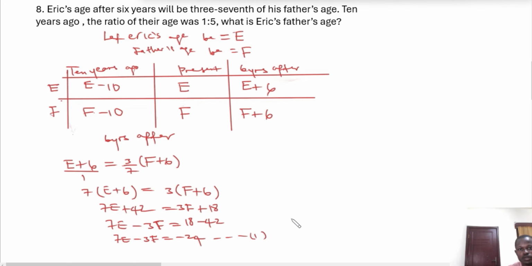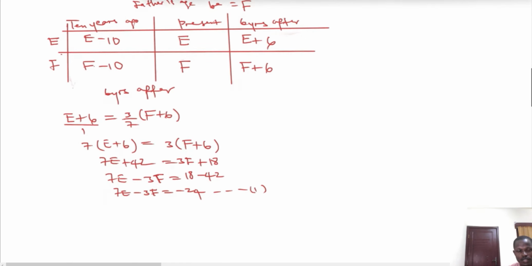So we now move on to the other statement. 10 years ago, the ratio of their age was 1:5. What is Eric's father's age? So 10 years ago, let's talk about 10 years ago.